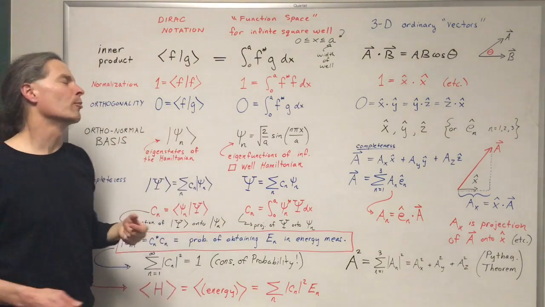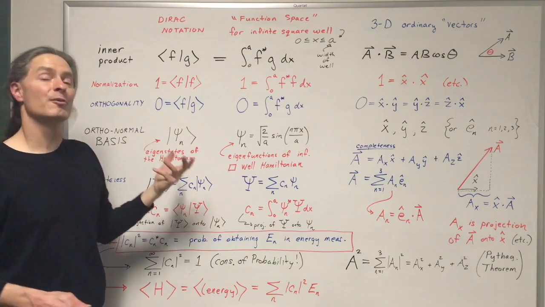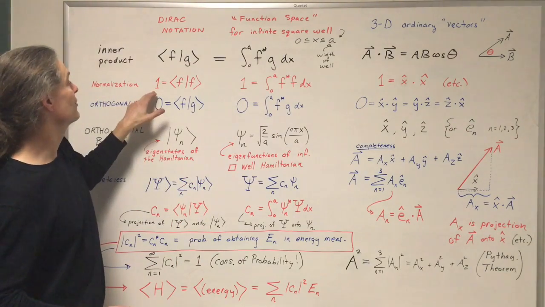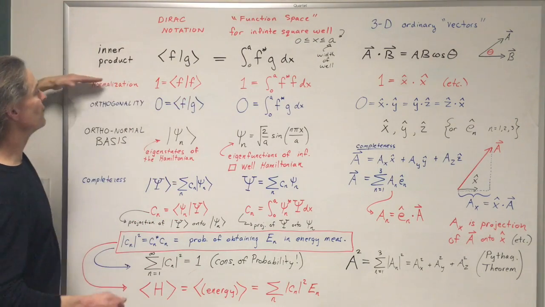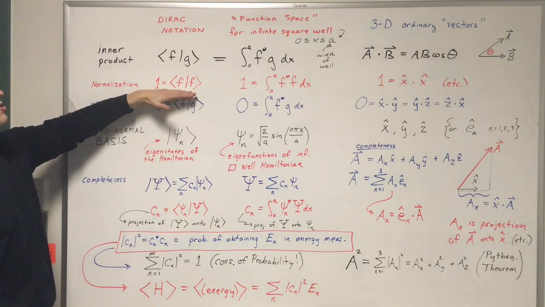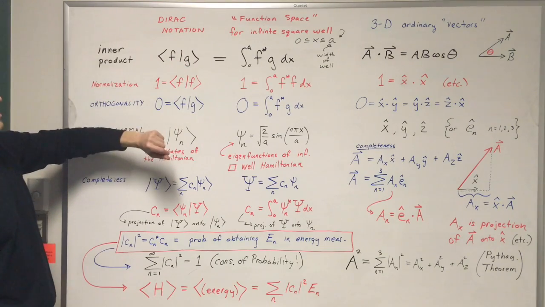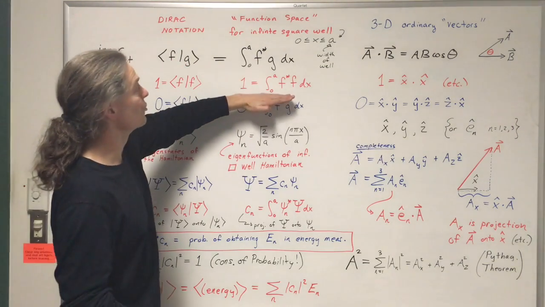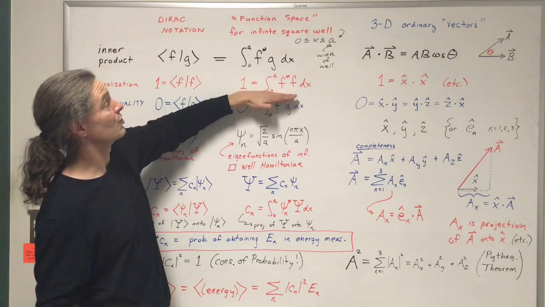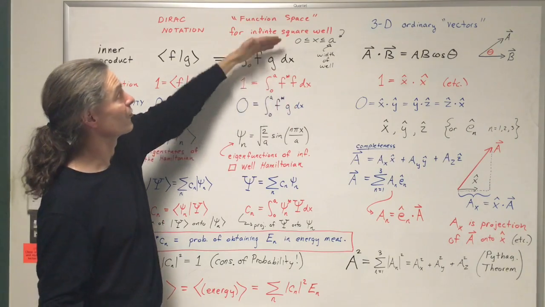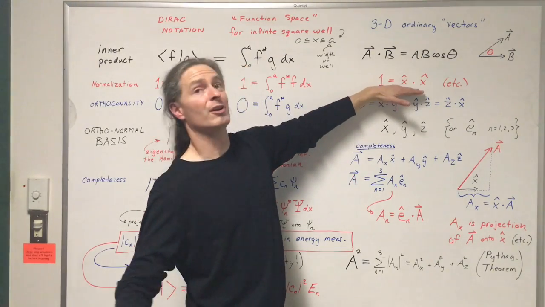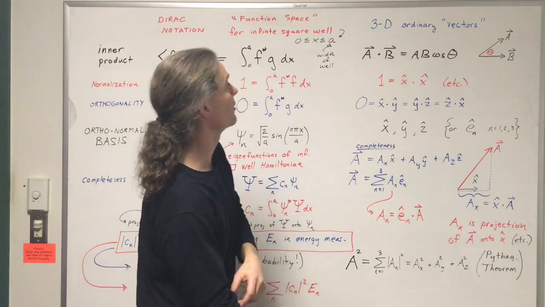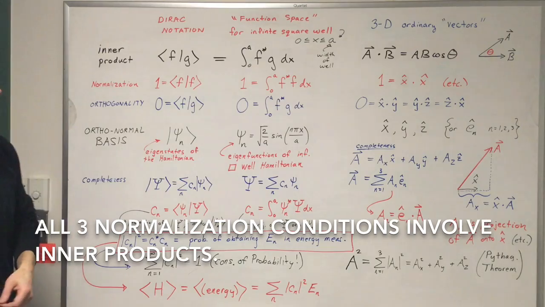A state is normalized if when you take the inner product of that state with itself, you get 1. That means that state is normalized. So this is the normalization condition, generally speaking in Dirac notation. This is the normalization condition for functions explicitly written out for infinite square well function space. This is an example of normalization for ordinary three-dimensional vectors.